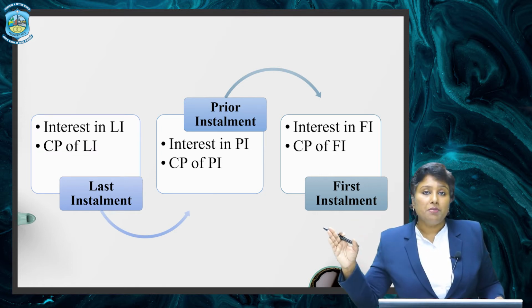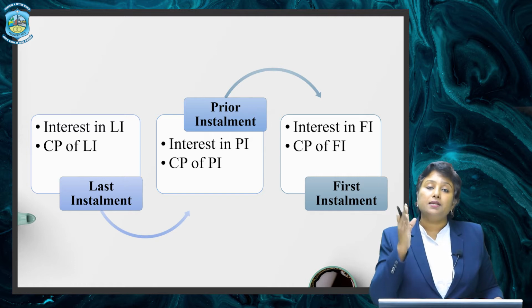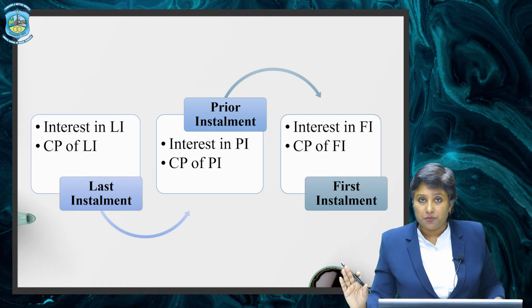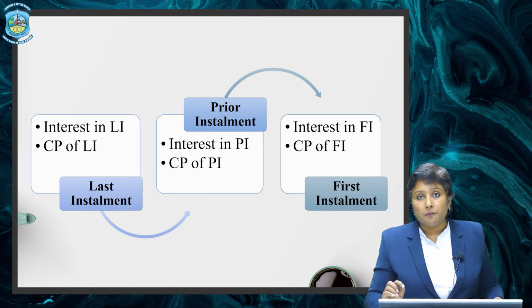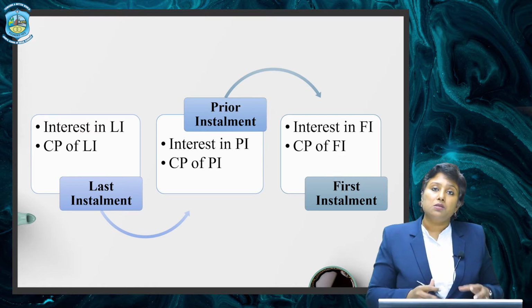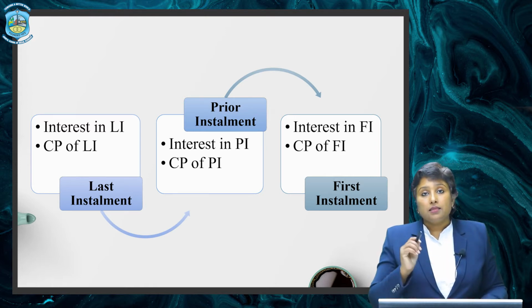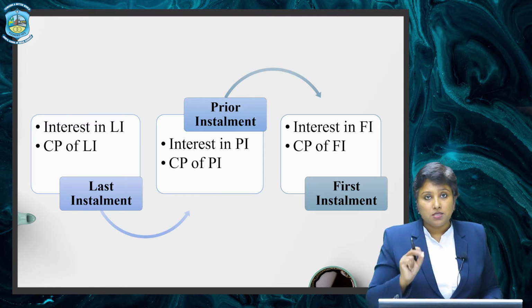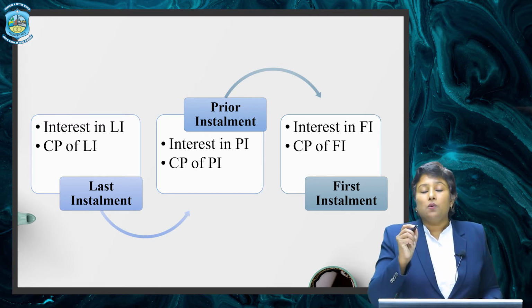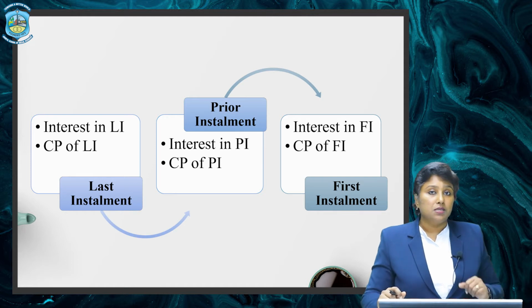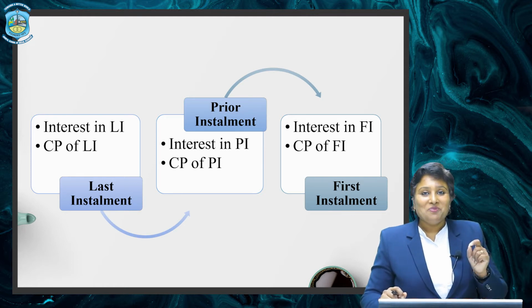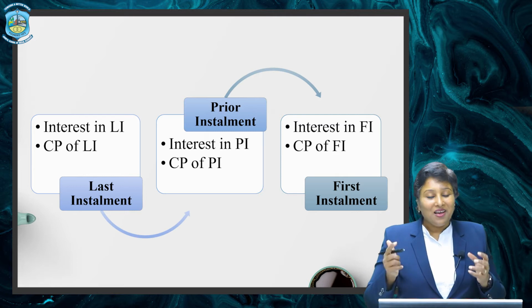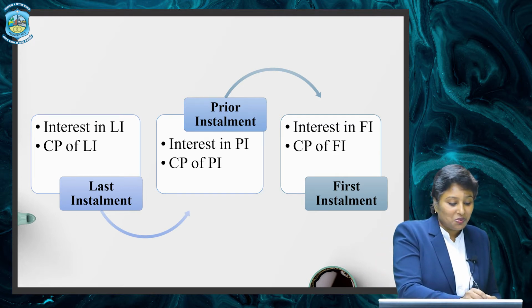So, as many installments are there, the same second step will be repeated as many times till you reach the first installment. So, for the first installment also the same procedure has to be repeated, that is calculate interest included in the first installment and then calculate cash price included in the first installment. Well, you must be wondering how it is to be done. Okay, let's have a look at how it is to be done.